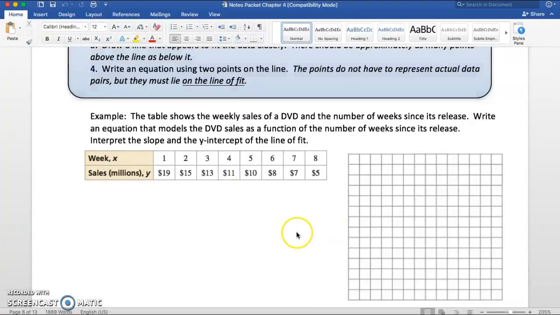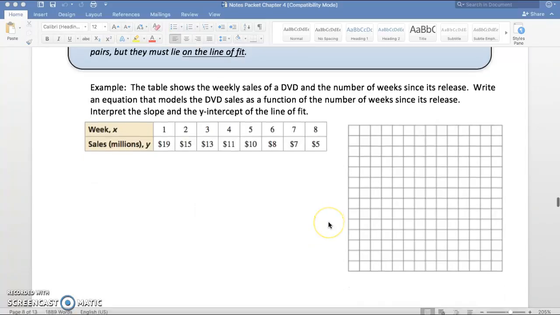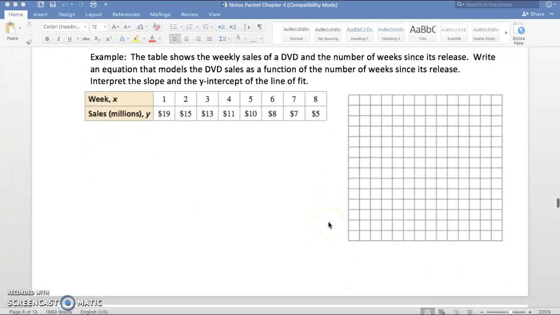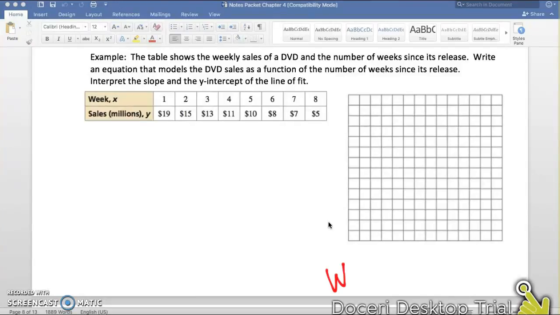I'm actually going to move this up a little bit so you can see a little better. Okay, let's start over here. So down here is our weeks. And up here, sales in millions.